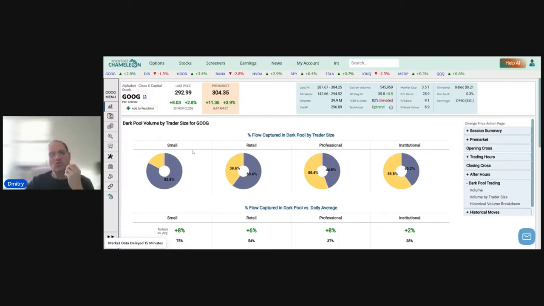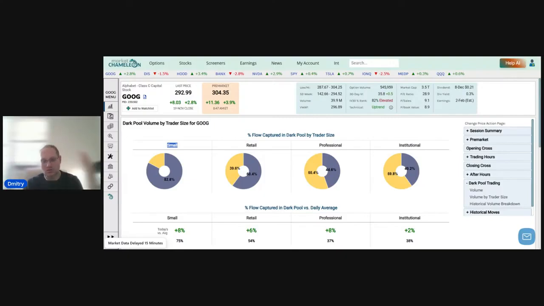And that's why when we see this breakdown, it starts to make sense. How does the small flow look? Well, you could see most of it goes into the dark pool, and that would make complete sense that, hey, if you have small retail order flow and you're a broker, you want to capture that within your dark pool and match it up with your liquidity providers. And some brokers trade against that order flow themselves, right?